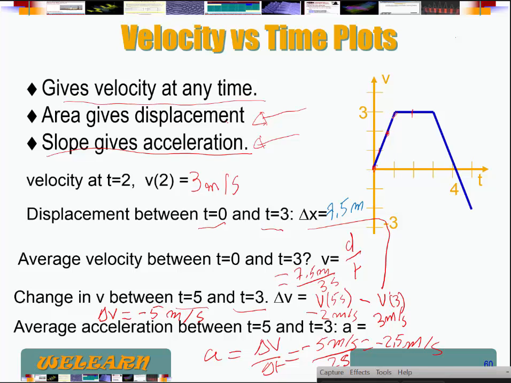So here, for example, I have a positive acceleration because I have a positive slope. I can calculate the slope. For example, rise is 3, run is 1, 3 over 1 is 3 meters per second squared. That's my acceleration here. No acceleration here since my slope is 0. And negative acceleration here, that's what we calculated here as minus 2.5 meters per second squared.